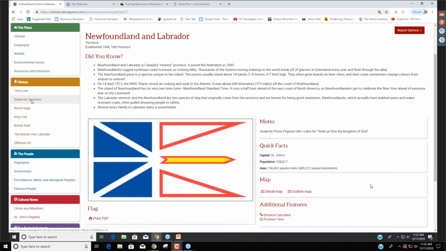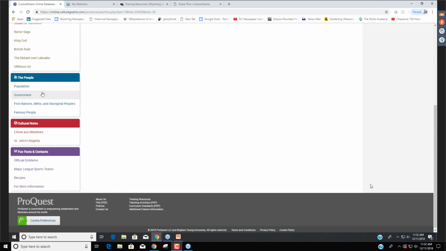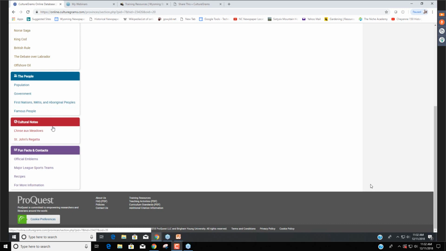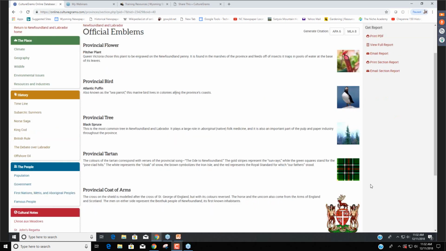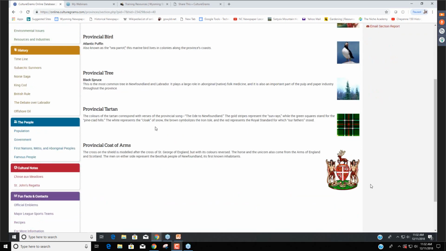Timeline, subarctic survivors. Population and government. Famous people, of course, culture notes, and then their official emblems, which we call symbols. So they have the provincial flower, provincial bird, tree, provincial tartan, and their coat of arms.